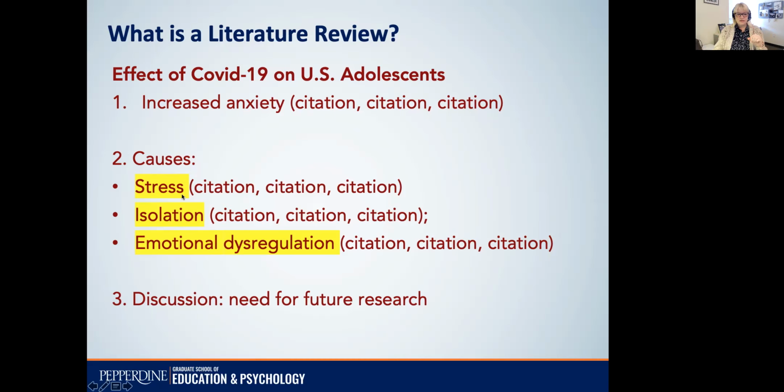The next little piece of my outline would be stress is a major cause of anxiety, increased anxiety due to COVID-19 on US adolescents. So I'm always remembering to tie back to those keywords. So each of these new paragraphs, isolation was a major cause of increased anxiety during COVID-19 on US adolescents.